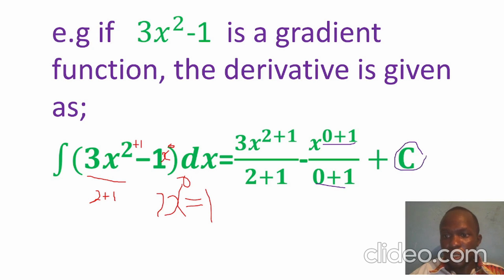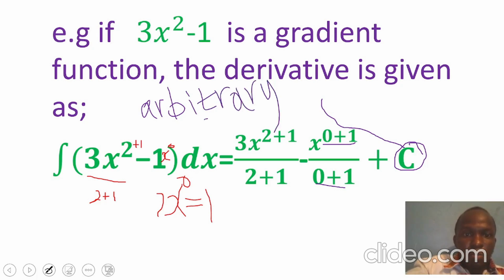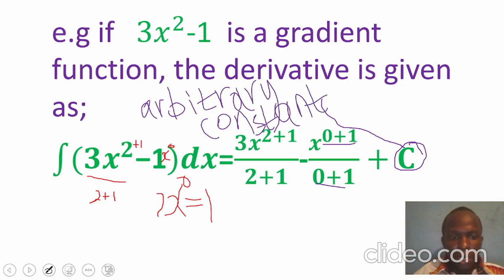Now what is c? C is known as arbitrary constant. Some people may call it constant of integration. It's called arbitrary constant.